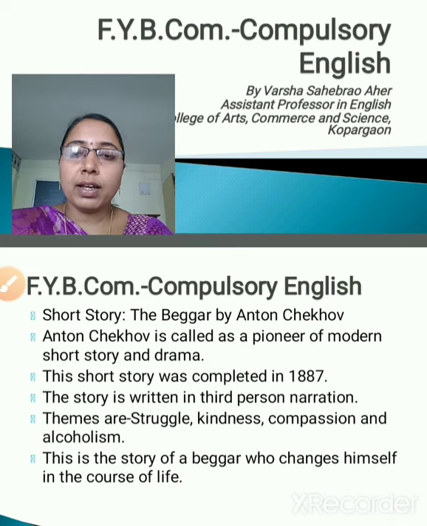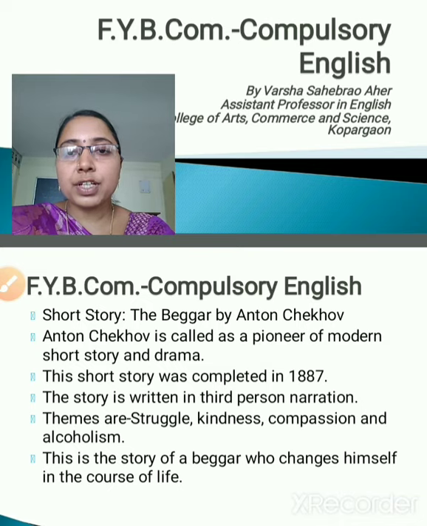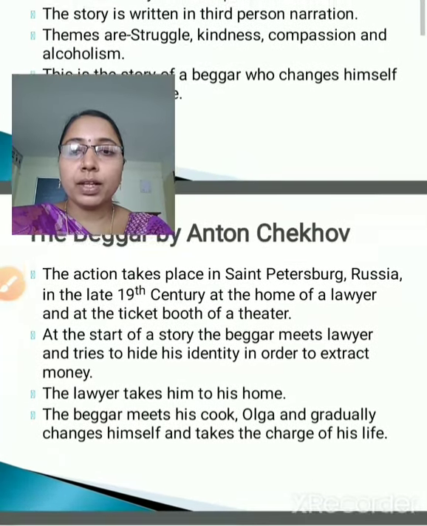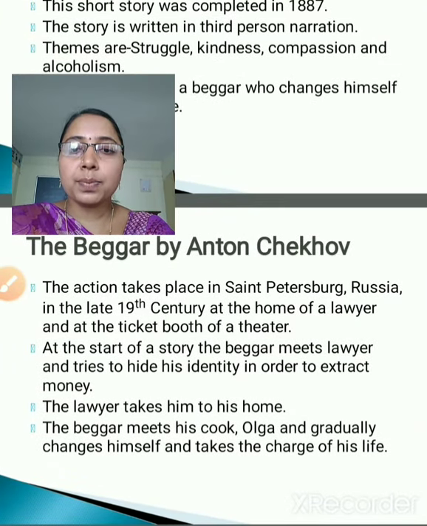As the title suggests, the story is revolving around one particular character, the beggar, and he himself goes through a change or transformation in the course of the story. There are some particular factors which are responsible for his change. Now, first of all, the action takes place in St. Petersburg, Russia in the late 19th century at the home of a lawyer and at the ticket booth of a theatre.